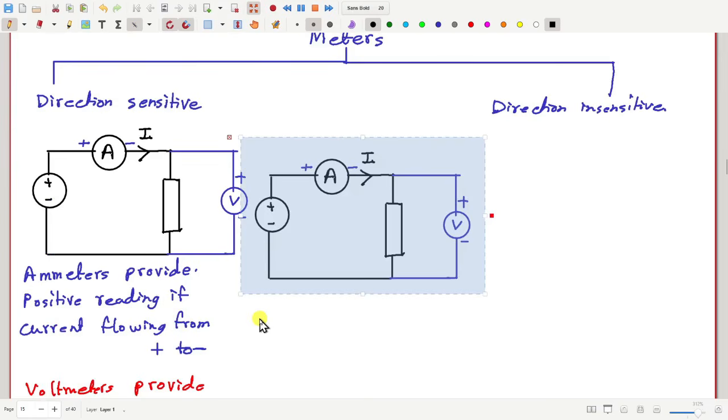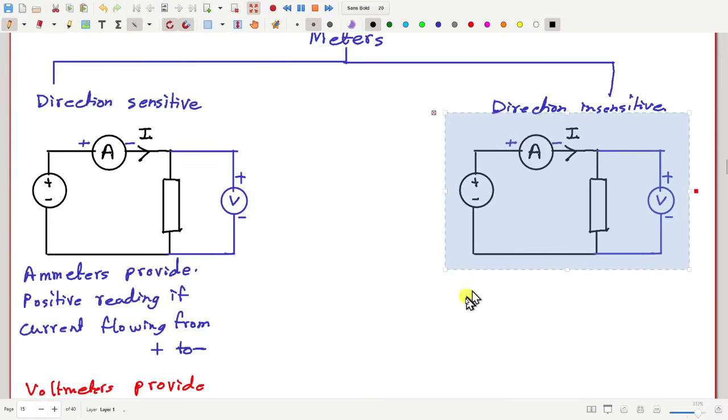Now, if I consider an AC circuit, what will happen to the reading of these two meters if we use a direction sensitive meter?